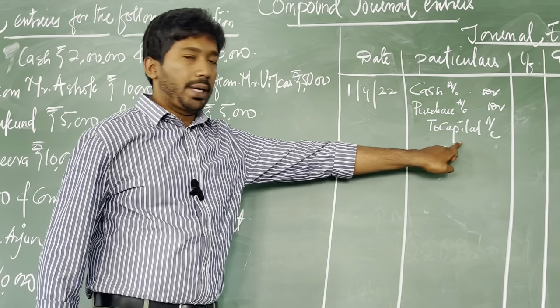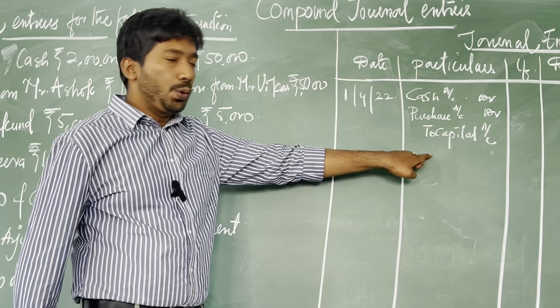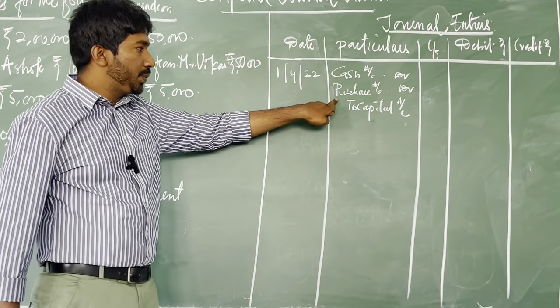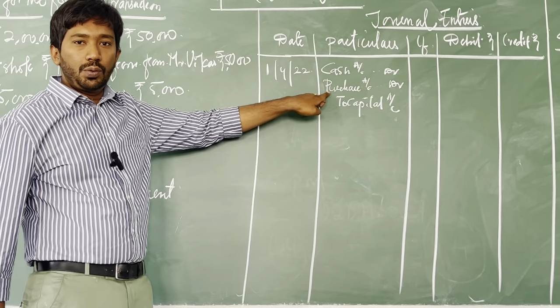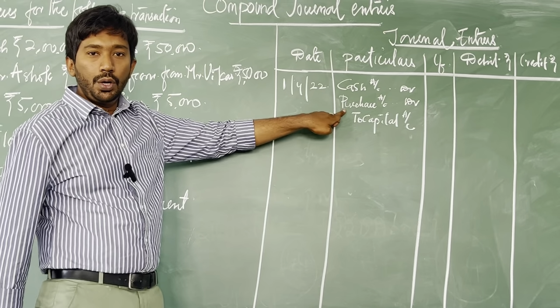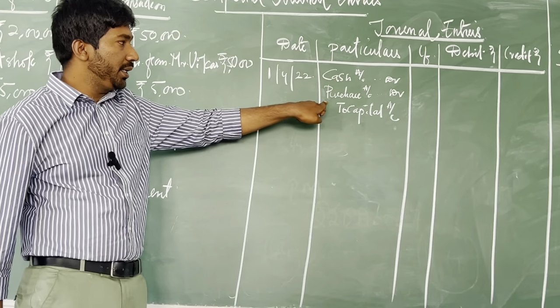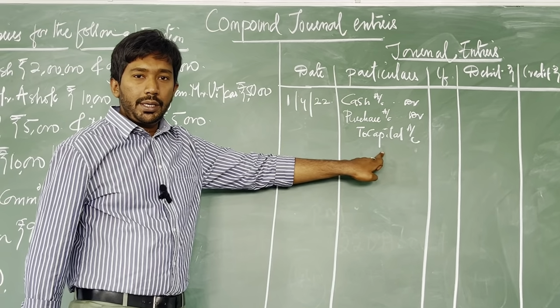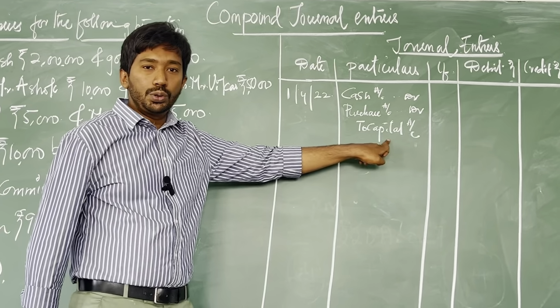So whatever you commence the business with, everything goes to capital. In place of goods, they may give you furniture, machinery, a motor car, a computer, whatever it is. Cash and any asset we have brought in as an initial investment goes to capital.